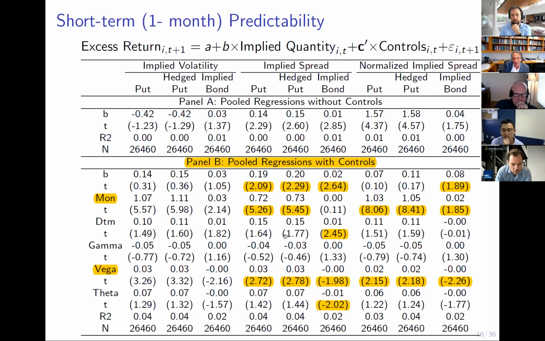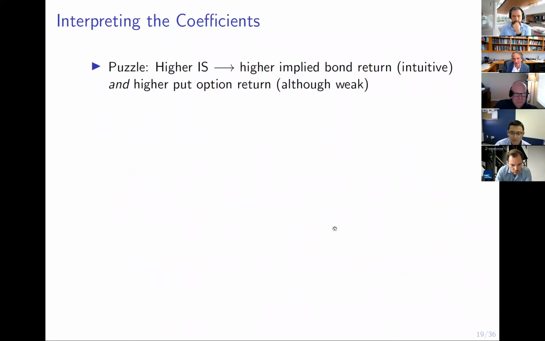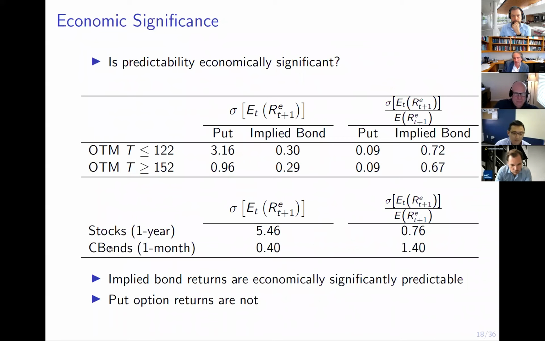It's just nonlinearities. I do believe that once you do these types of things, where you put things in bins and you have short-term maturity, there is not much. There is no linearity, but it may play less of a role overall. Maybe not. But this is remarkable, though. It stays there independently of what you actually look at. And again, the fact that these results are very similar to corporate bonds, and the fact that there is a risk premium just for tail risk, is kind of reassuring, right?